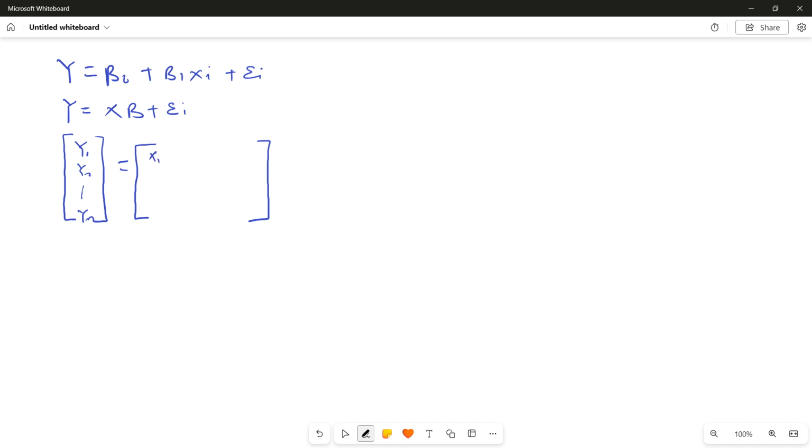So x1 from observation 1, then x2 from observation 2, up to xk for observation 1, like that.